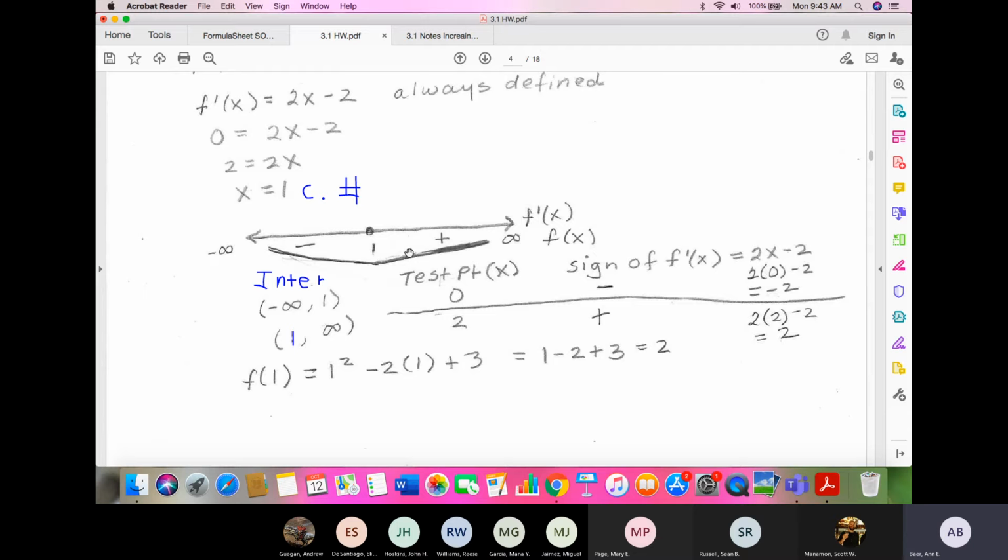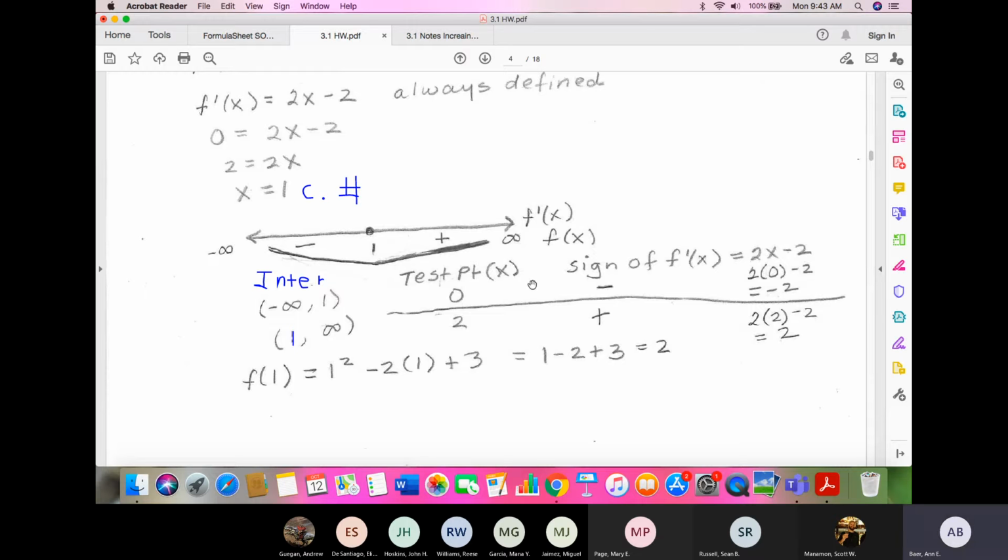And in this other interval from 1 to infinity, let's pick 2. Can't pick 1 because it's not included. Let's pick 2. So those are our test points, and I'm emphasizing they are x coordinates.